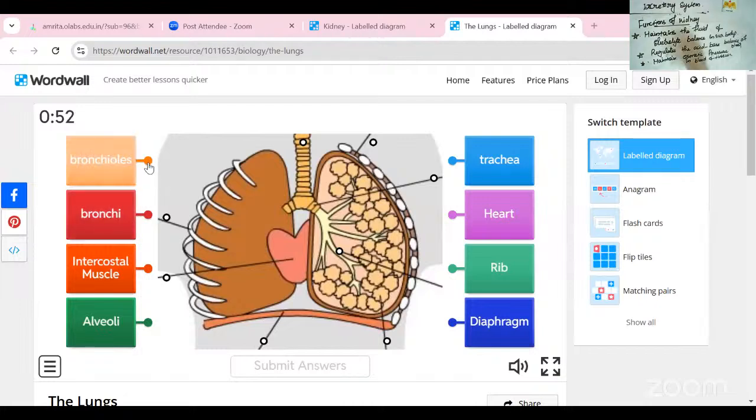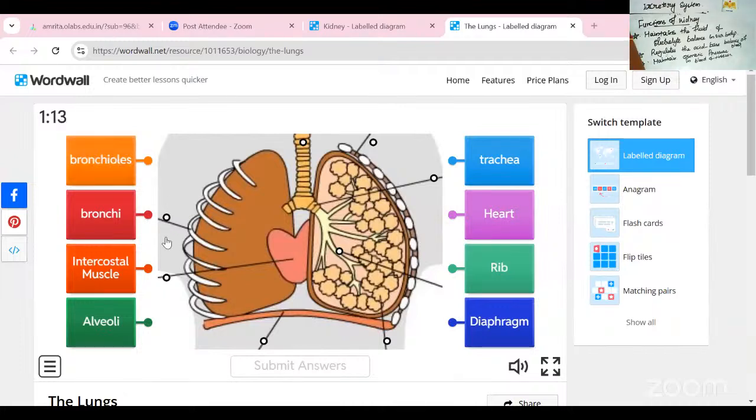Yes, what is this part? Please type the correct name of this. Where is the bronchus? Please connect the holes. There are different holes: 1, 2, 3, 4, 5, 6, 7, 8. Where is the bronchus part? Please type it.